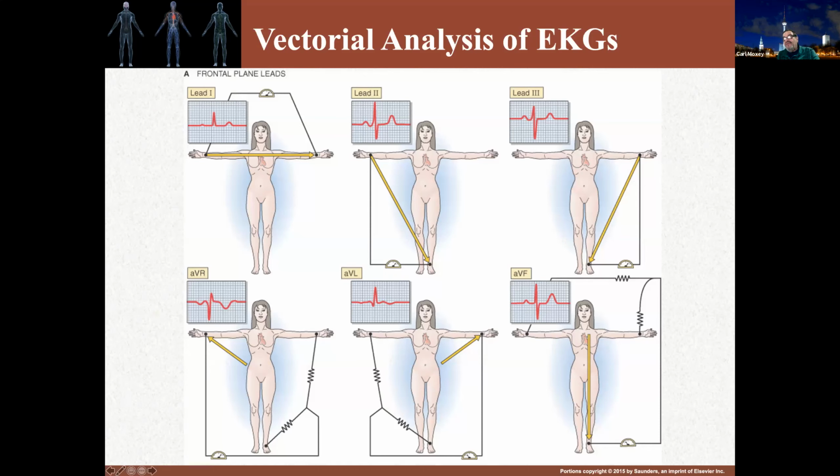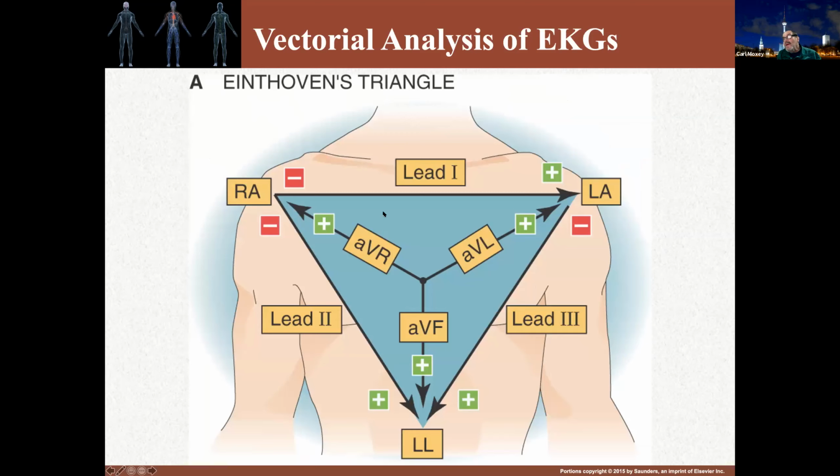Notice these vectors again here. Here are the vectors showing you the direction of the current. So let's bring up this little thing, because it's going to allow us to understand how we're going to determine that angle. Notice in lead 1, right arm negative, left arm positive.